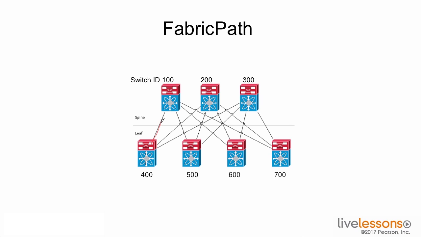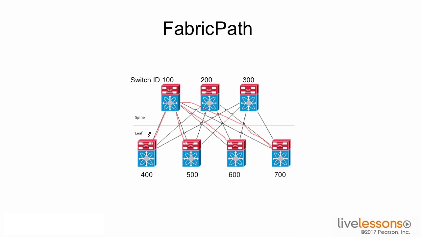So in this case, it's going to send it up to switch 100 because that's my unicast route. And then switch 100 is going to take that unknown unicast and send it out to all the other leafs that have devices attached to it until somebody responds.